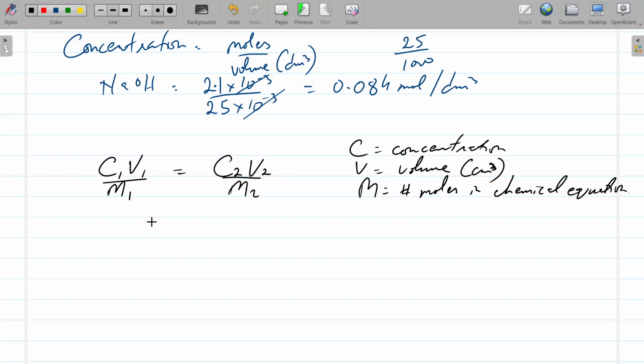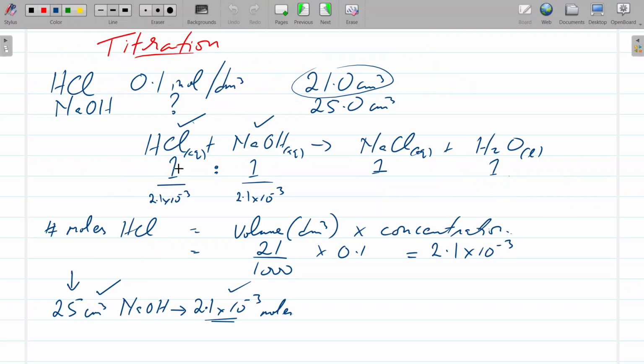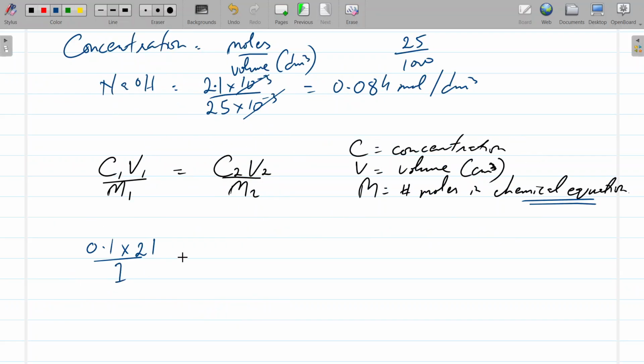So if we plug in these values, for example, we had the acid, and so that was 0.1 times 21, and the number of moles in the chemical equation was 1, equals, we don't know the concentration, so that's X times 25, and the number of moles was also 1. Right, so basically X equals 0.1 times 21 over 25.